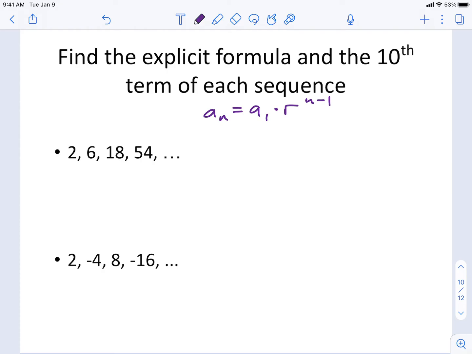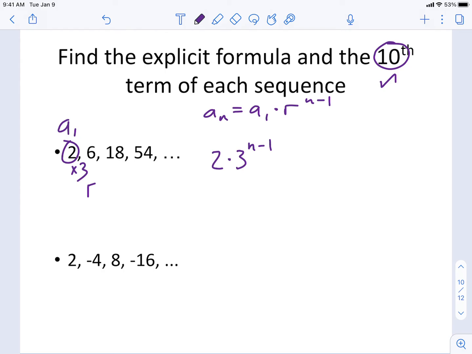I think these were the two sequences from that previous example that were geometric. So we know that this one was a times 3. Let's see, I need to know what a1 is. a1 is 2. I need to know what r is. r was times 3. And I need to know what n is. n is 10. And so our explicit formula is 2 times 3 to the n minus 1.